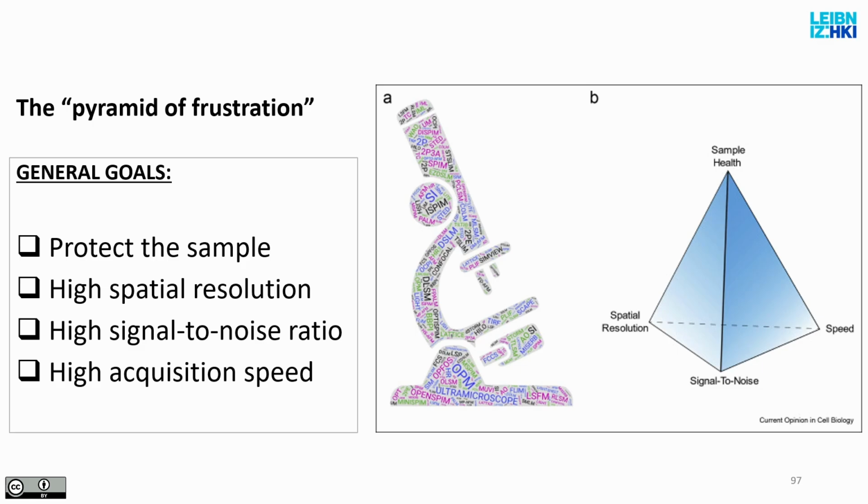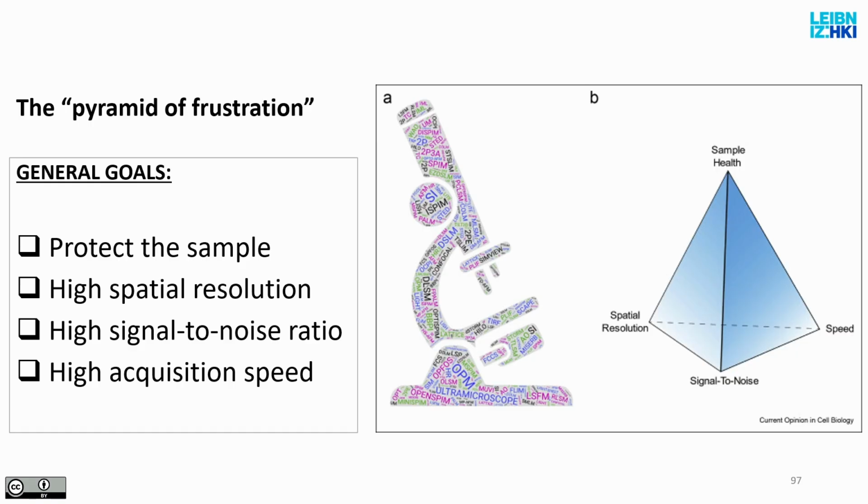But one thing as a message for this part of the lecture is that there is no such thing as an optimal image collection. Because if you keep in mind that you have to keep your sample alive, or at least you don't want to bleach your label, you need to have a certain spatial resolution.